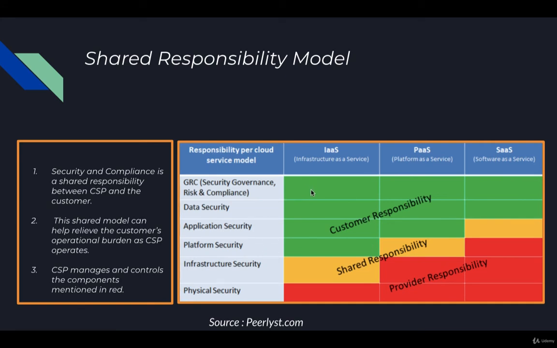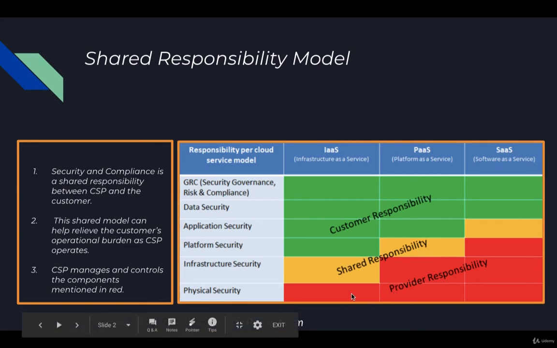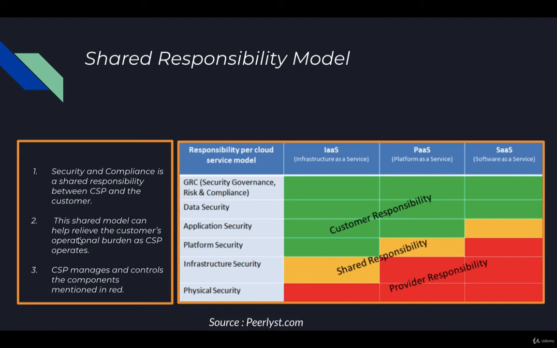service models. So before digging into this diagram, let's study that security and compliance is a shared responsibility between the CSP and the customer. You can see all the areas which are red. That is where the provider is responsible. And the shared model can help reduce the customer operational burden as the CSP operates.